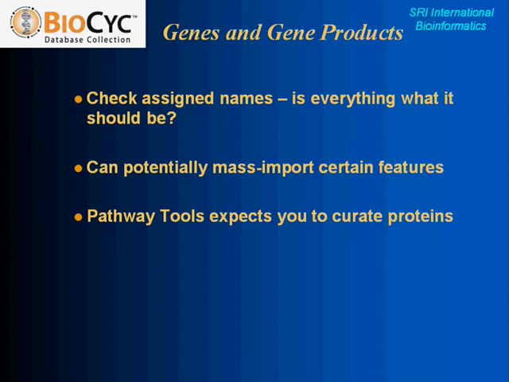And finally, I should mention that Pathway Tools expects you to curate proteins. And by this I mean that there's a lot of information that intuitively people tend to put either in genes or proteins, and it kind of goes with your background, whether you're gene or protein centric. But for example, we've set up the different fields and the features of the frames so that the enzyme activity and a long summary about the protein and most of its citations, and see I said the protein, will go in the protein page rather than say on the gene page.